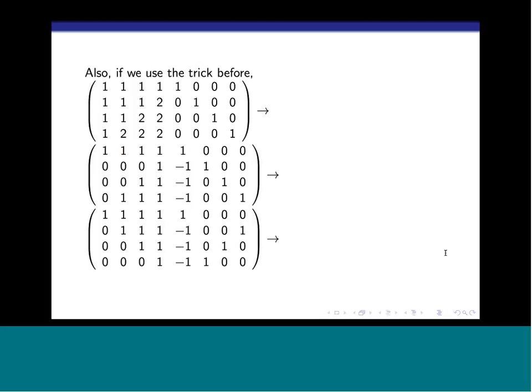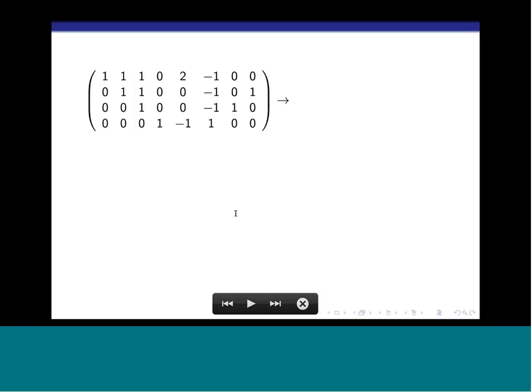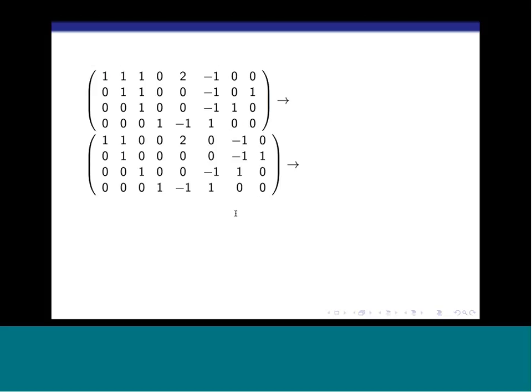That becomes like that. See the 1 here, 1 here. Now the last row multiplied by -1 is added to the back, and you get this. Then the third row times -1 at the back, then you get this.